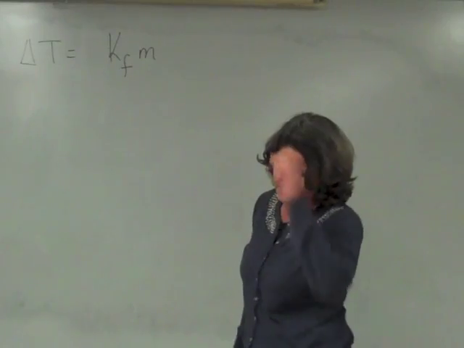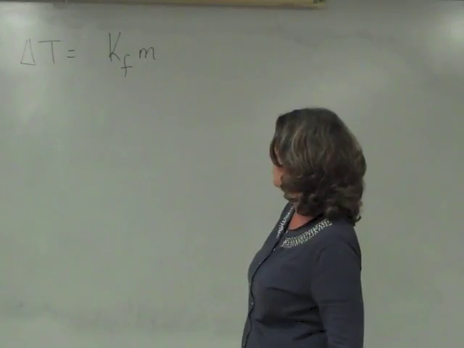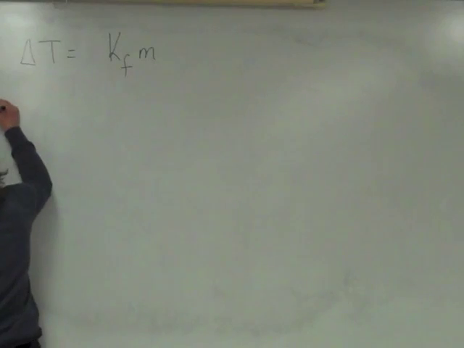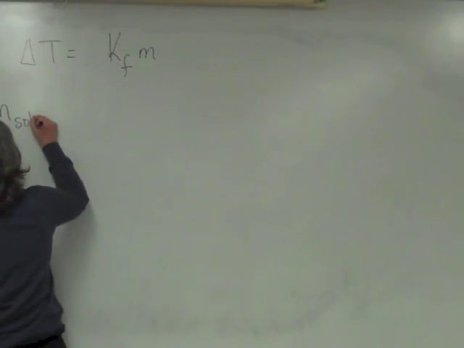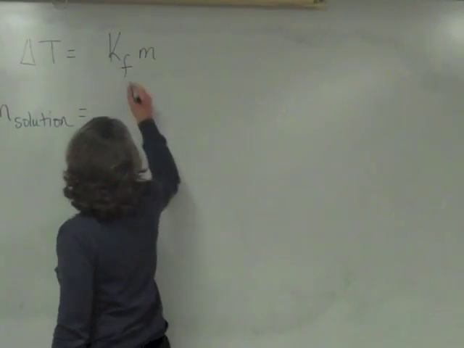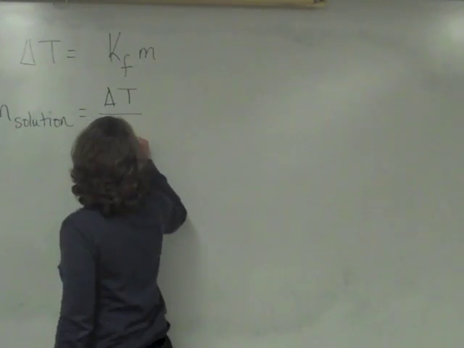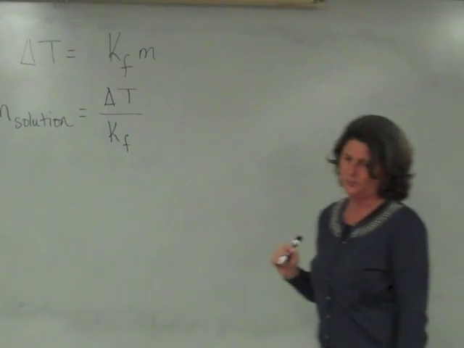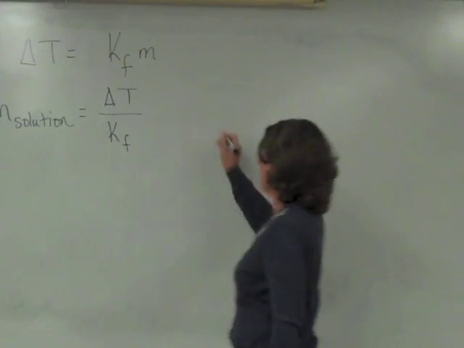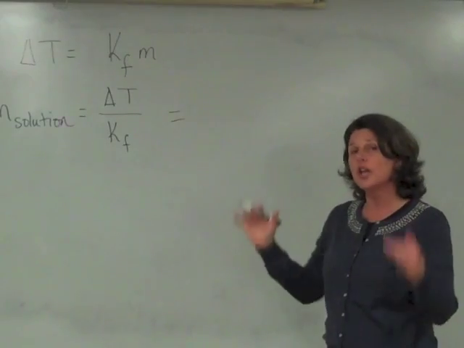All right, now we are going to rearrange this equation to look like this. We've got the molality of the solution equal to delta T divided by K sub F. So all I've done is rearrange that equation. How much does our freezing point change by?